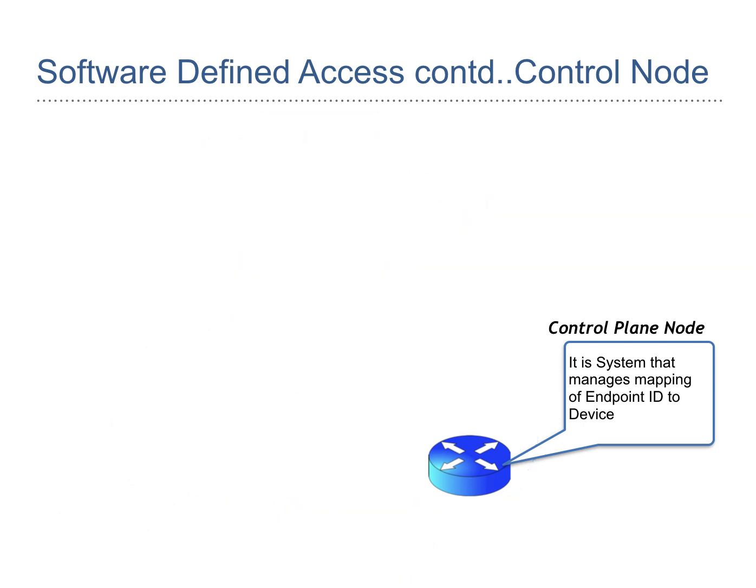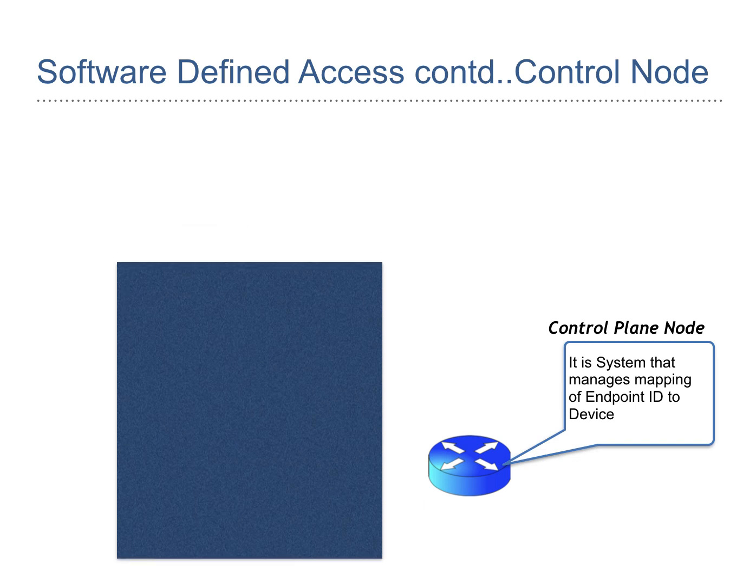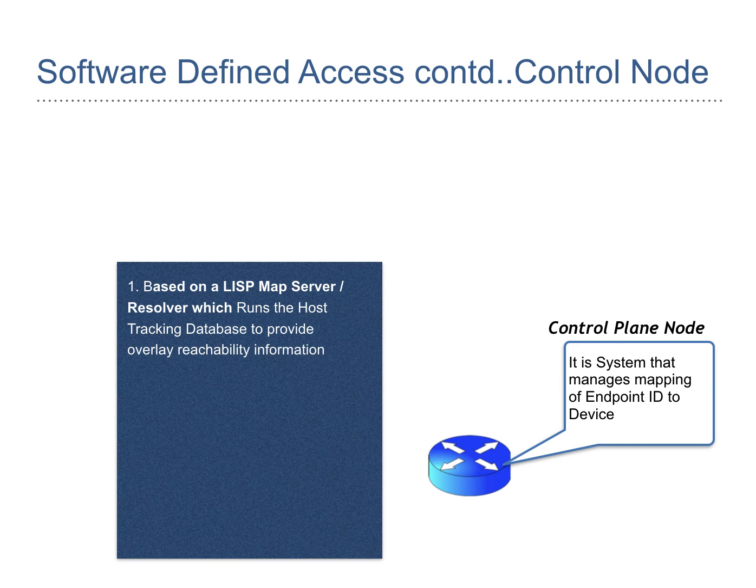Make sense? A few salient features which I'm going to highlight, which I already said a couple of seconds back. Like I said, it's based on the LISP map server and resolver, which has a tracking database to provide overlay reachability, and it receives prefixes from different fabric edge nodes for wired, and as well as for wireless from your fabric WLCs, right?